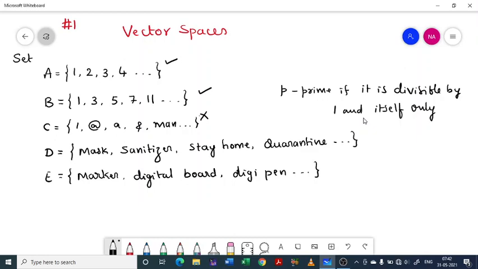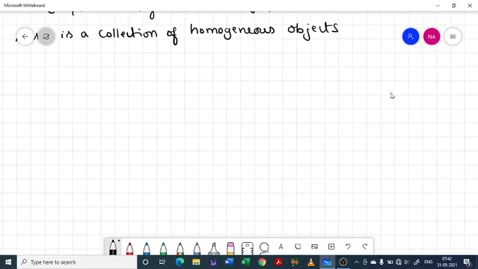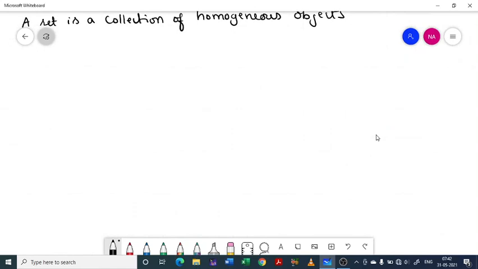If you look into the exact definition, a set is a collection of homogeneous objects. Homogeneous in the sense that they must have the same relationship.